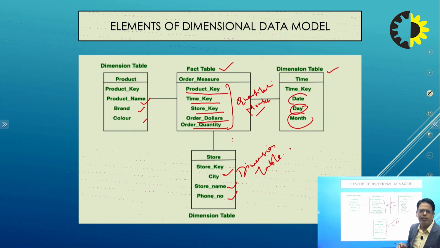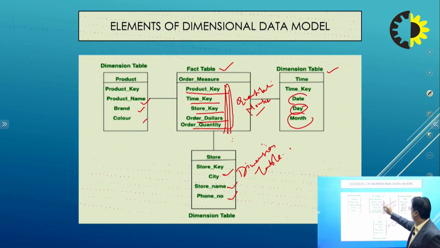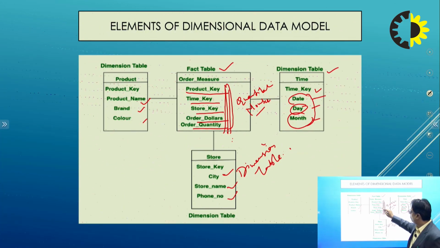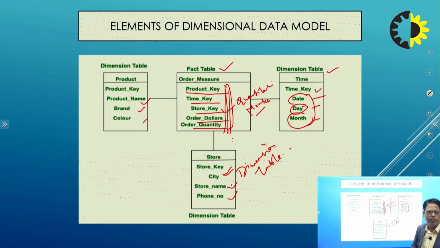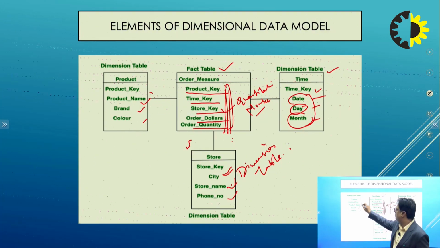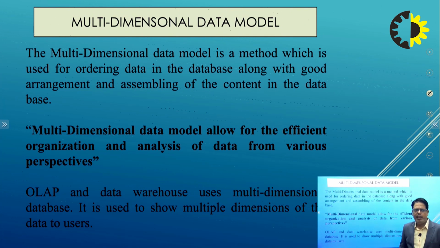These all are the dimension attributes of those keys included in the fact table. So the time key is here, and it is described in a descriptive manner like date, day and month. The store key is in the fact table, and there we have store city, store name and phone numbers. These all are descriptive attributes, meaning qualitative data, used in the dimension tables. Now, multidimensional data models. How many types of multidimensional data models are used in a data warehouse?